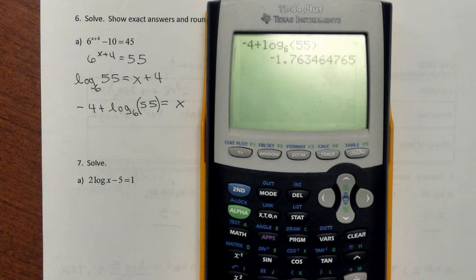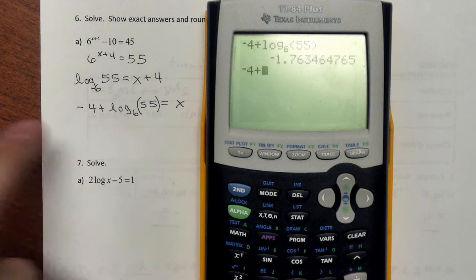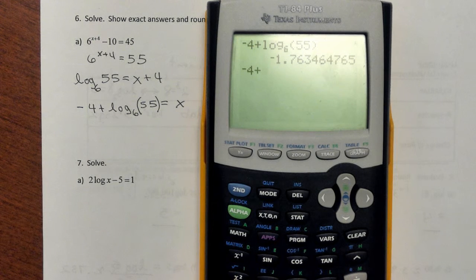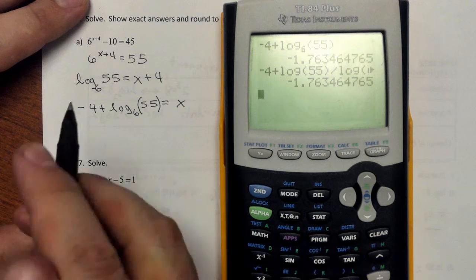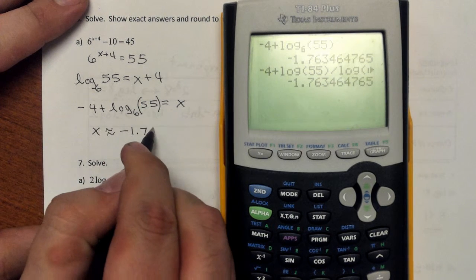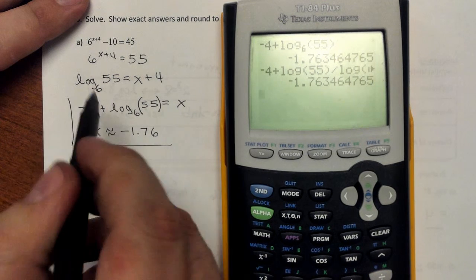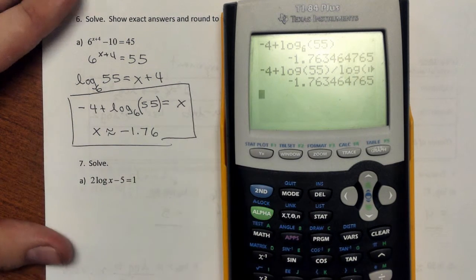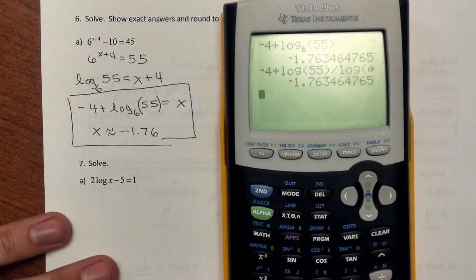Same basic principle, negative 4 plus the log base 6 of 55. Using change of base formula, I know I take the log of whatever's inside, close that, and divide by the log of the base. And you'll see that I will get exactly the same answer, negative 1.76. So I'm going to write that x is approximately negative 1.76. The instructions ask me to give both answers, so I do.